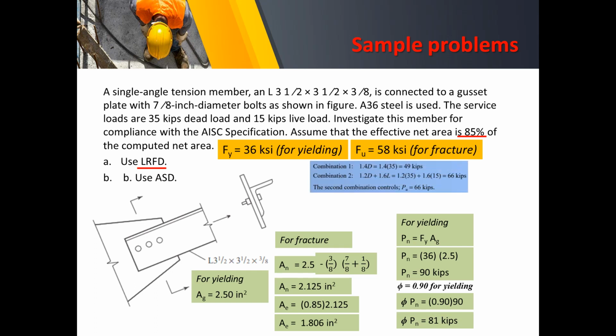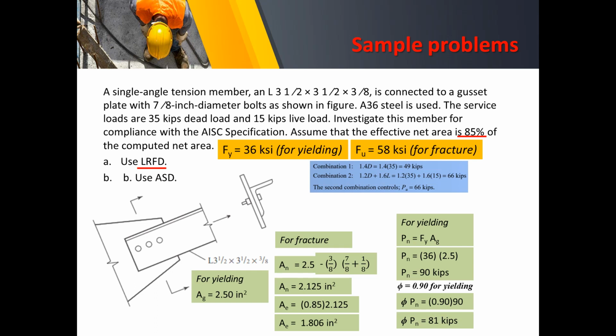Of course, we have to compare your design strength with the actual service loading. For LRFD, we have two applicable load combinations: 1.4 dead load, and 1.2 dead load plus 1.6 live load.